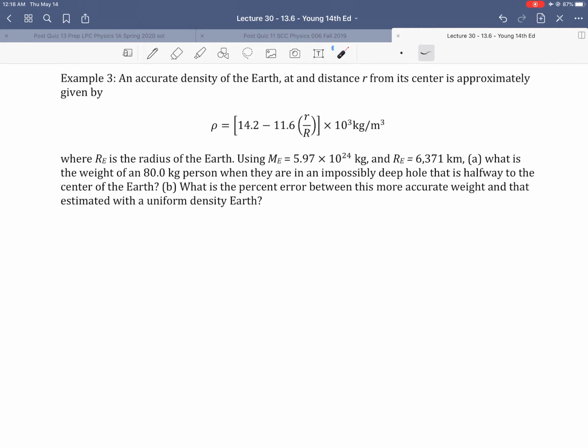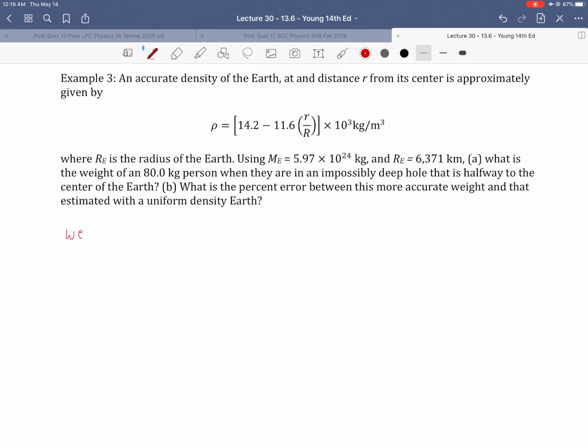Okay, so in part A, what is the weight of an 80 kilogram person when they're in an impossibly deep hole that's halfway to the center of the Earth? So what we want to do here is just set up the total mass integral and then use the whole force here. So the total mass integral just looks like this.